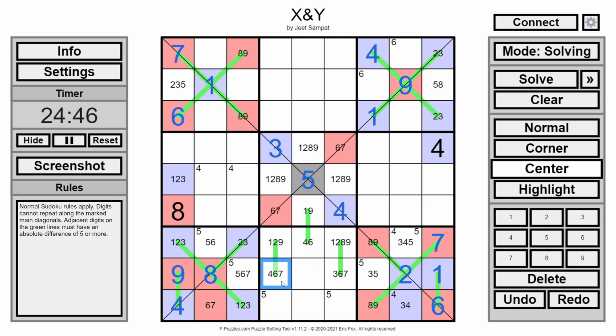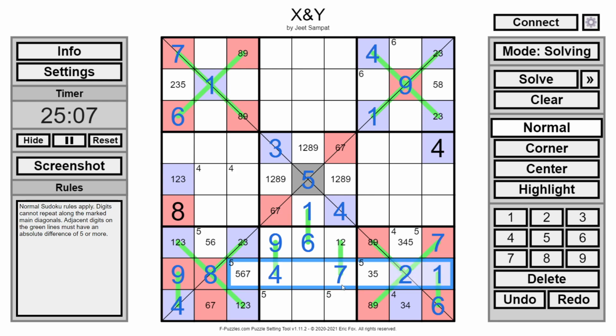So if this is 4, this is 9, this must be 6, 1, then this is going to be a high digit. This must be a 7, and this must be a 1 or a 2. That makes this a 6 because it's the only place for 6 in the row?